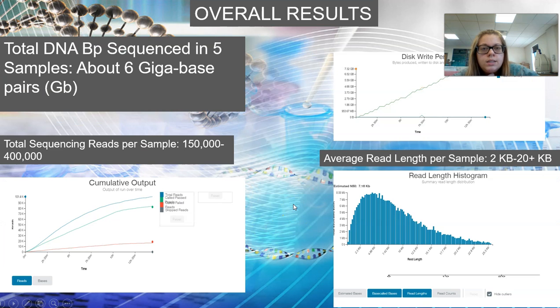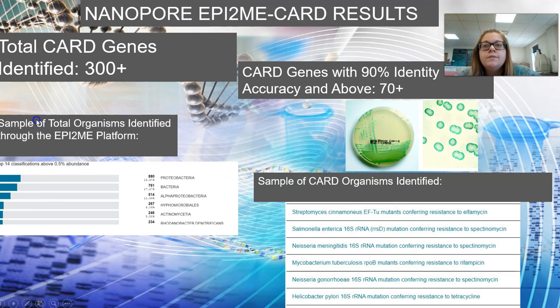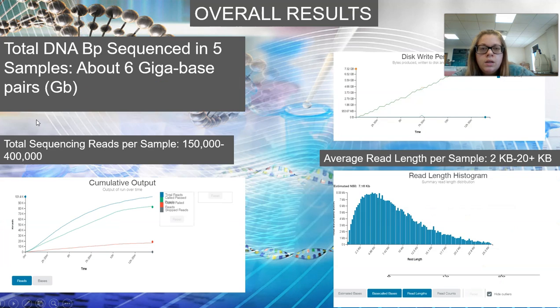This next slide is going to show the results that we got from the nanopore MinION device. Altogether, these are our overall results, and we were able to sequence about 6 gigabase pairs in the 5 samples that we tested.